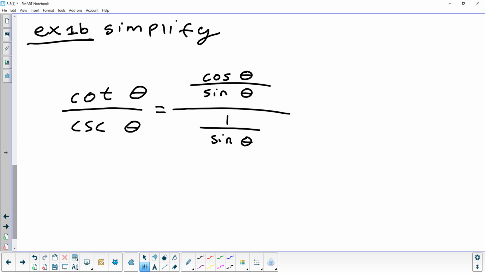Now, we have to divide those two fractions. We do that the same way you would divide numbers, and we're going to hope that something cancels out or something good happens. So how do we divide two fractions?